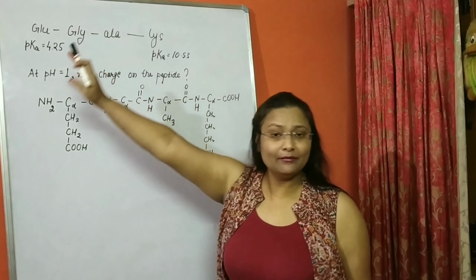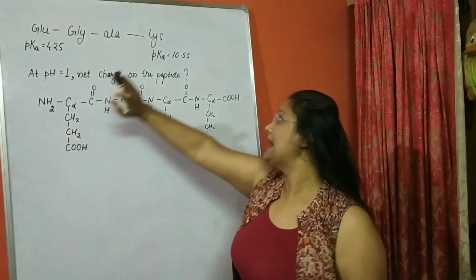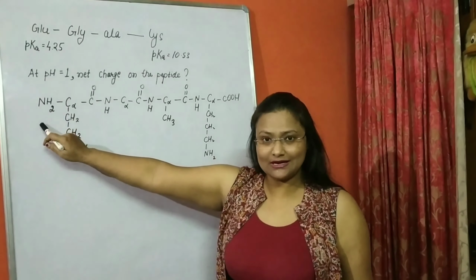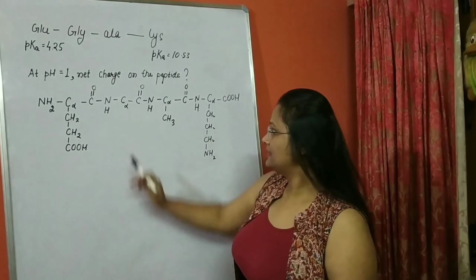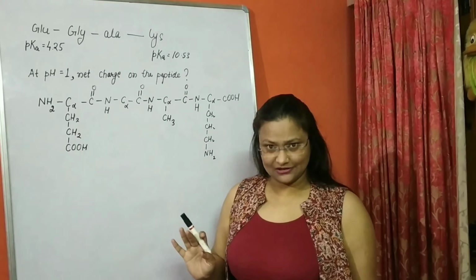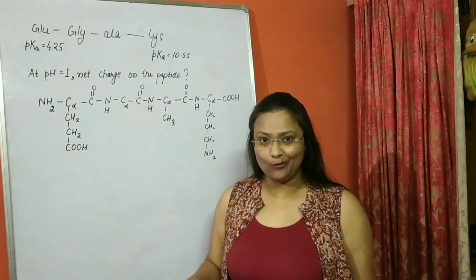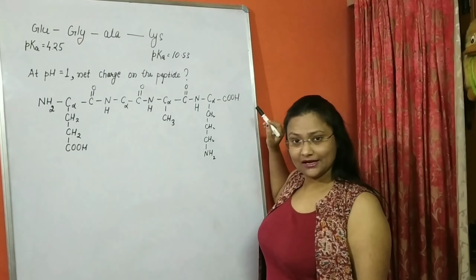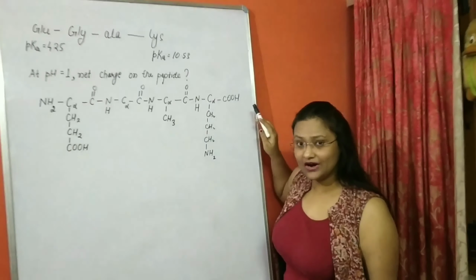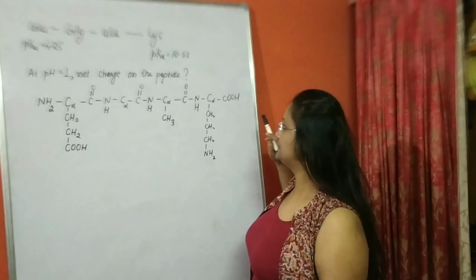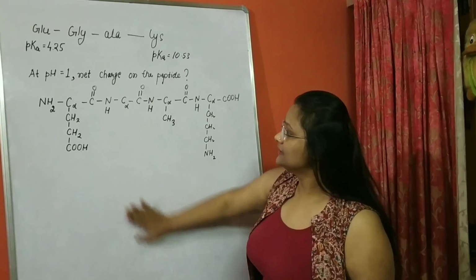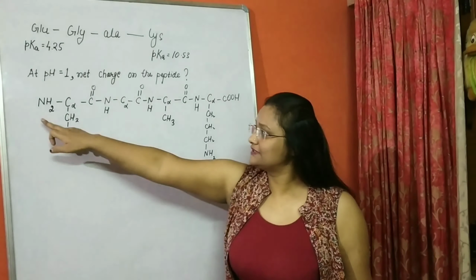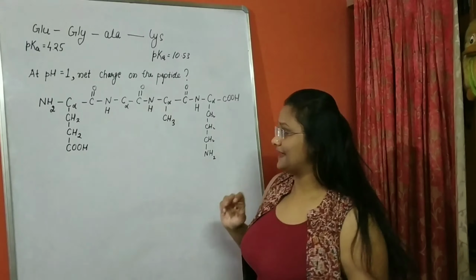On the extreme left there is an NH2 amino group; it will be there only on the extreme left. In between there will be no NH2 group because the amide bond is formed, so it disappears. And on the extreme right we have got the COOH group. So apart from the charge on the side chains, we need to consider the charge on this and this as well.